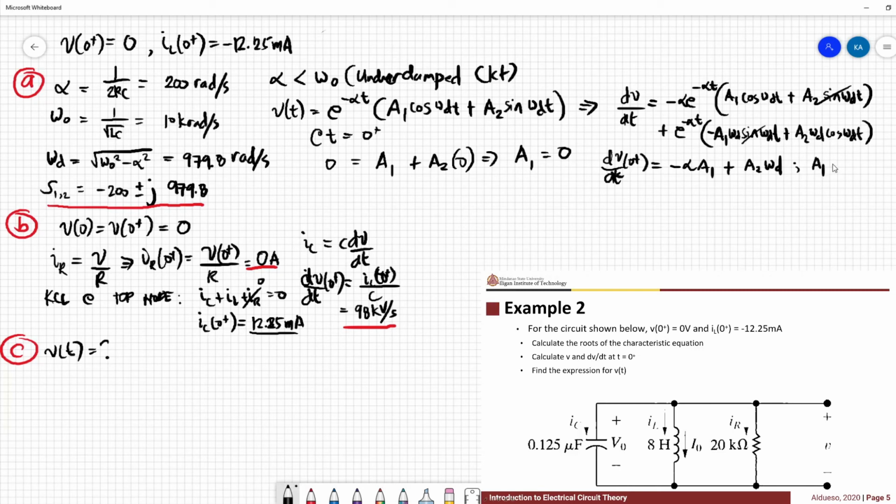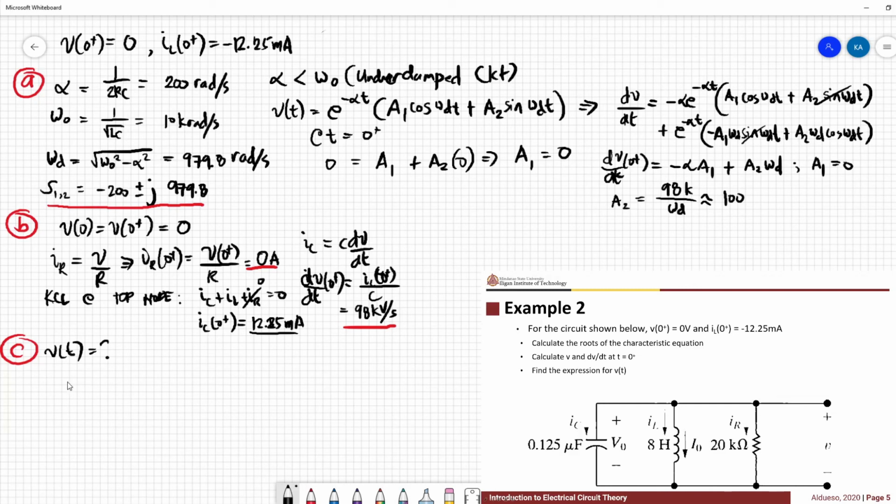Now if our a1 is equal to 0, our a2 is equivalent to dv/dt at 0 plus over wd, which is 98k over wd. This is approximately equal to 100.